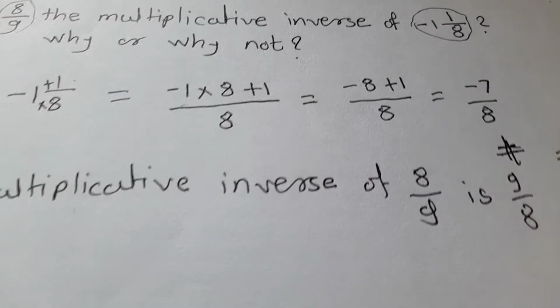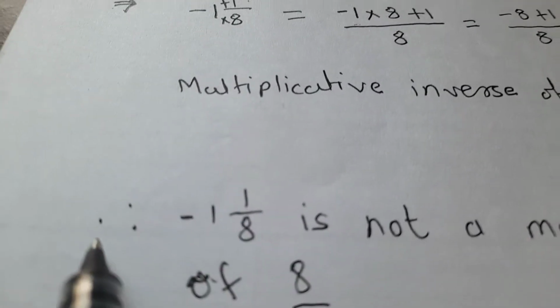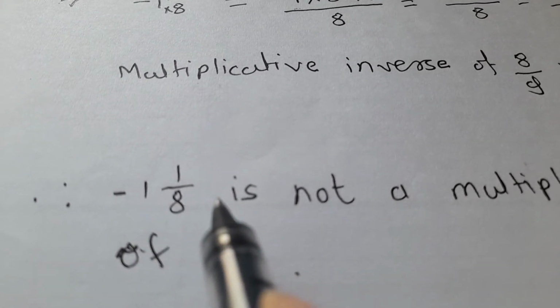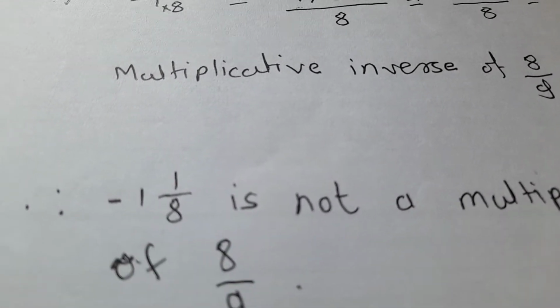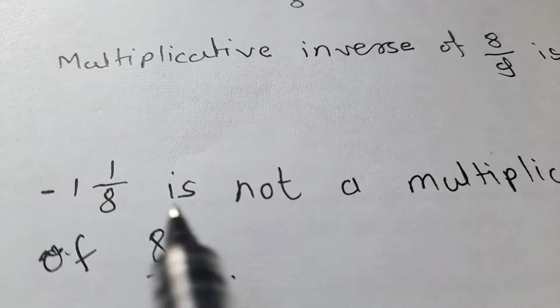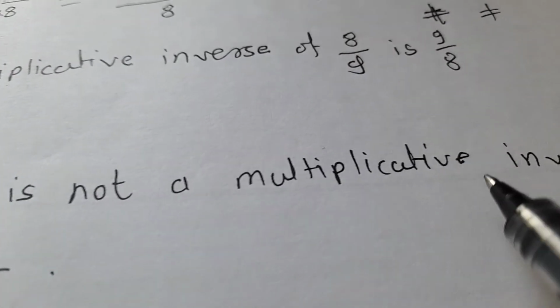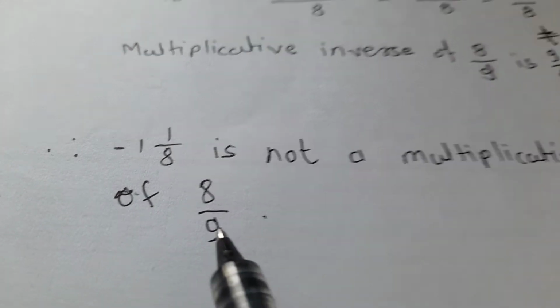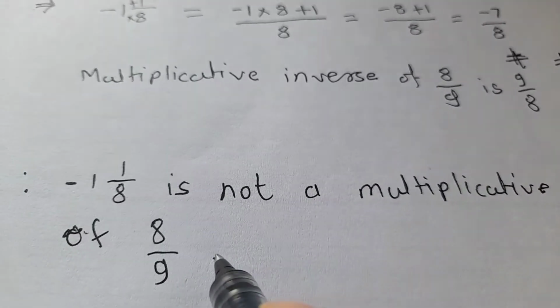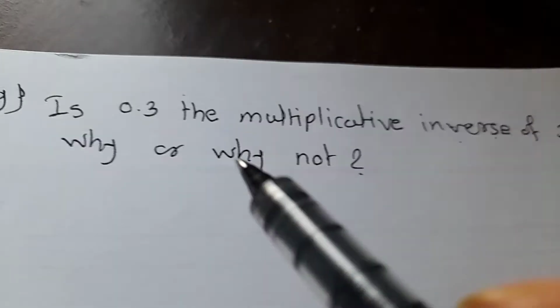Therefore, we can say that minus 1 upon 8 is not a multiplicative inverse of 8 upon 9, or vice versa. 8 upon 9 is not a multiplicative inverse of minus 1 upon 8.